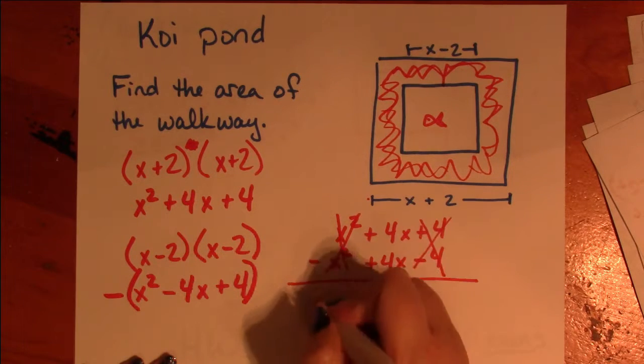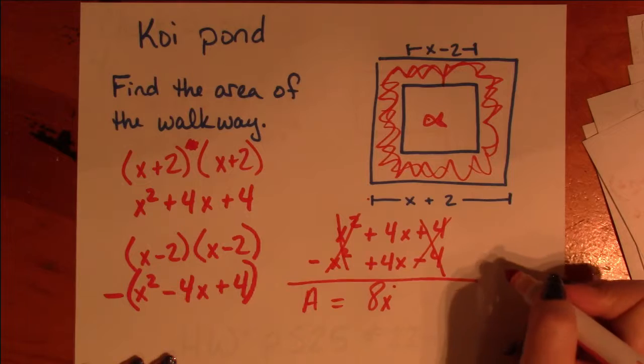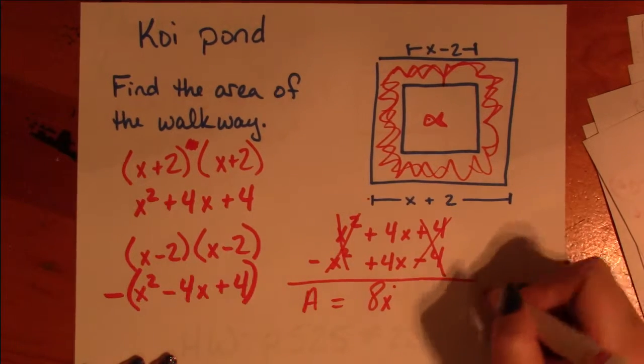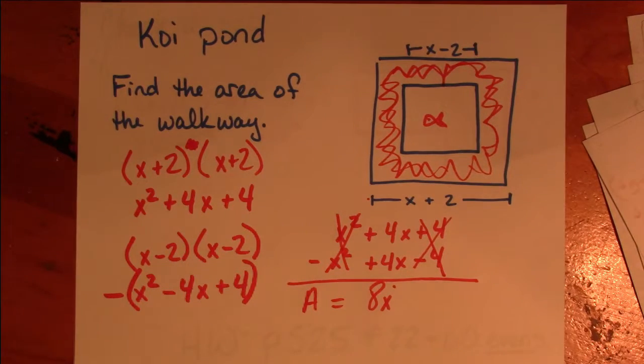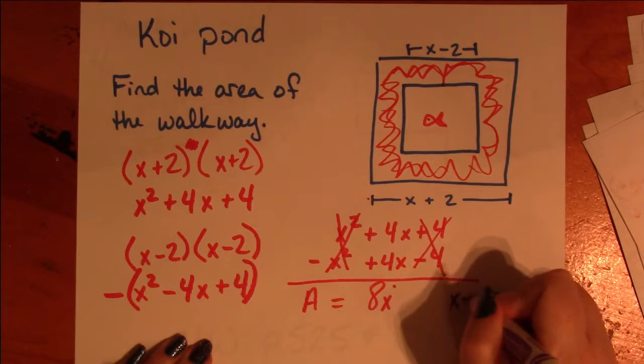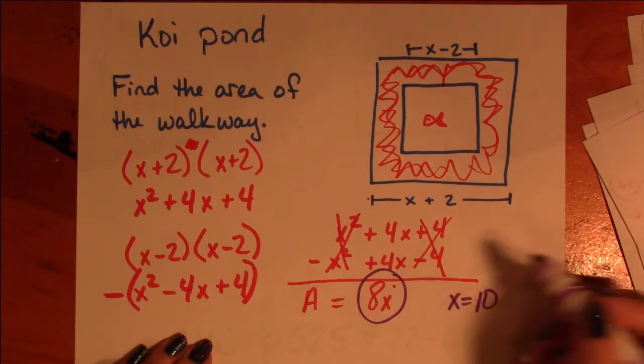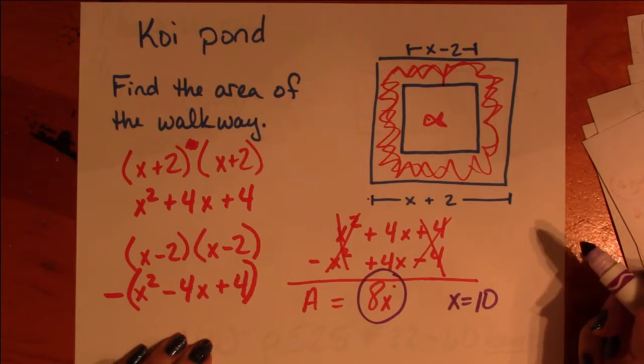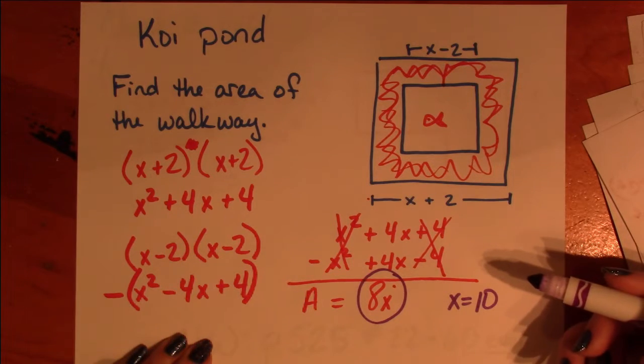The area of the path is 8x. And then they go on to tell you, what if x equals 10? Then just looking at the answer here, we know that the area of the walkway is 80.